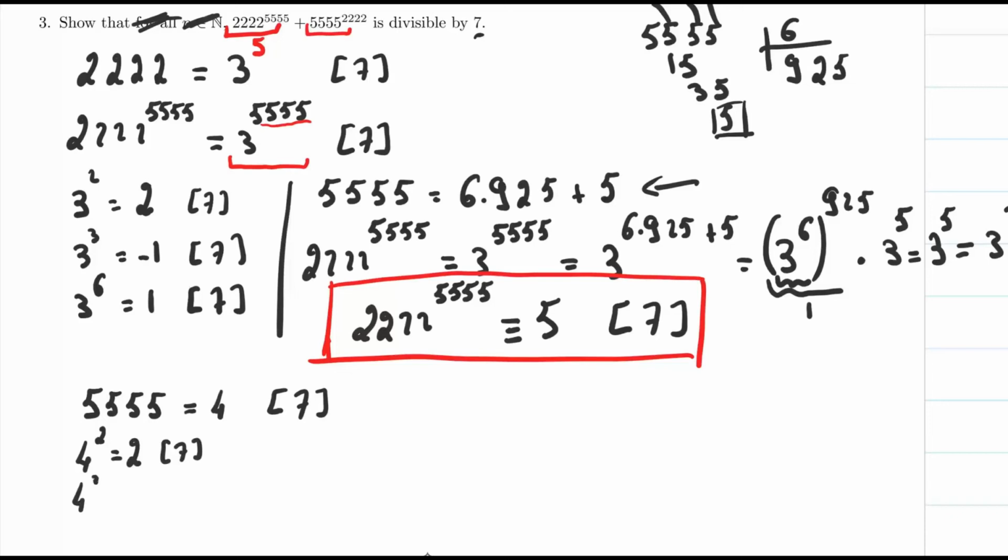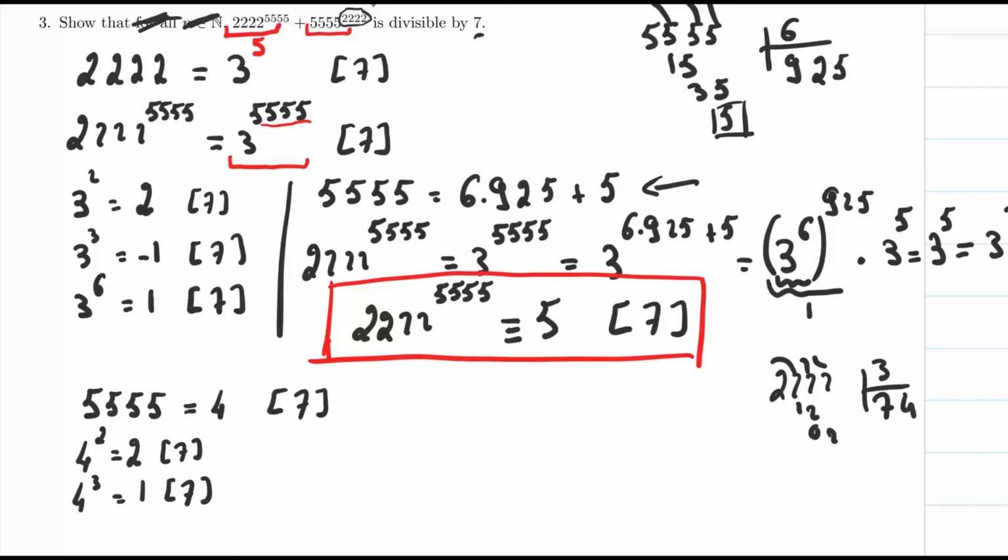And 4 to the power 3 is 4 times 2, which is 1 modulo 7. Great, I quickly reached the 1. And now, as above, I have to find the remainder of the division of this number, 2222, by 3. So when I do the division, I have a remainder of 2.